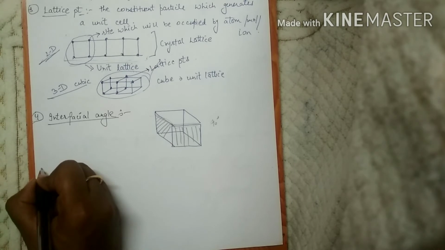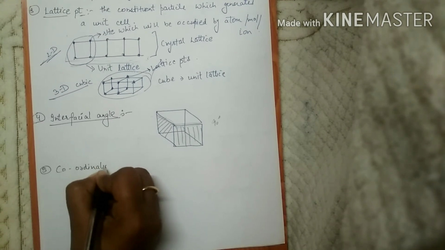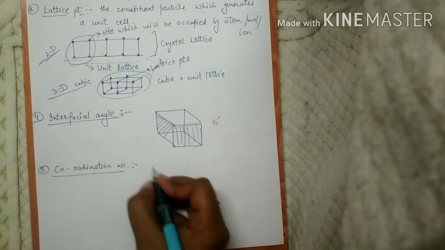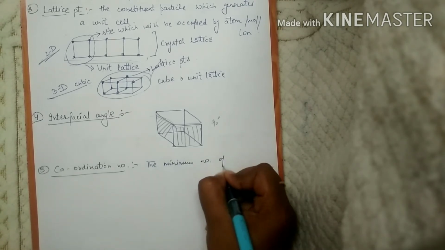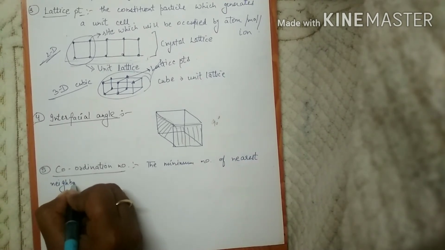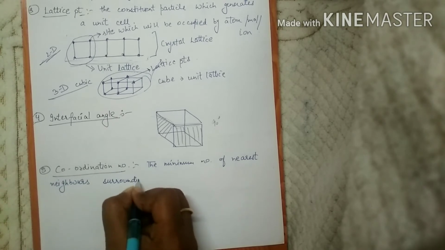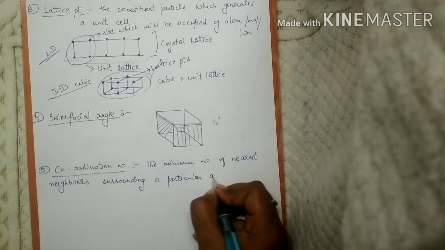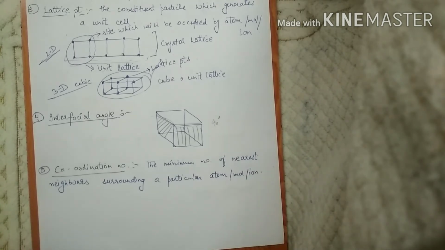Next is coordination number. Coordination number is the minimum number of nearest neighbors surrounding a particular atom or molecule or ion present at lattice point.